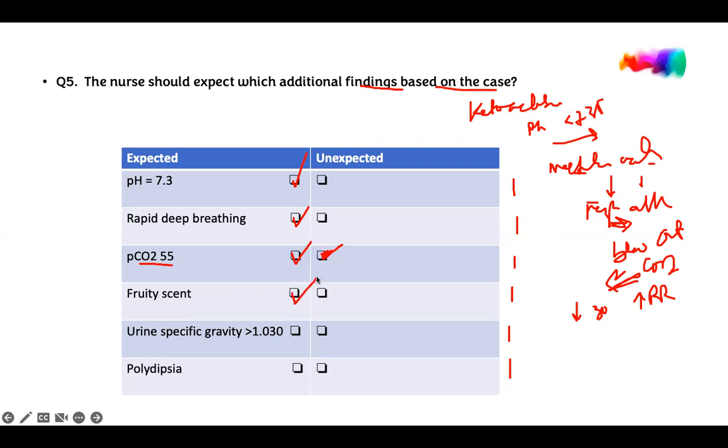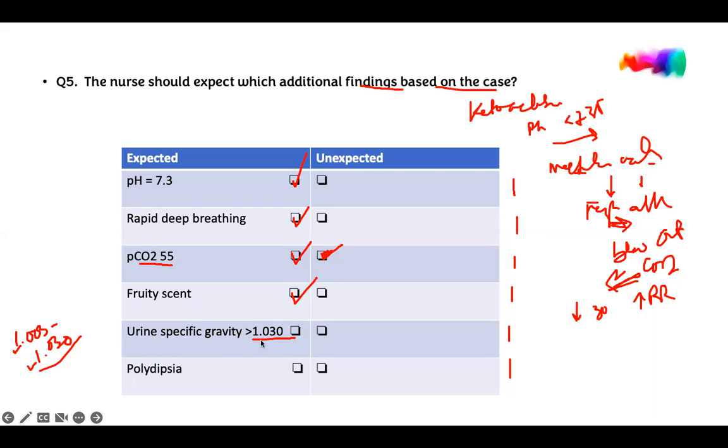So I choose expected. Urine specific gravity of greater than 1.031. You have to know your urine specific gravity because that's lab work. The normal is 1.003 to 1.030. This is the low level, this is the upper level. Anything greater than 1.031 means urine is concentrated.